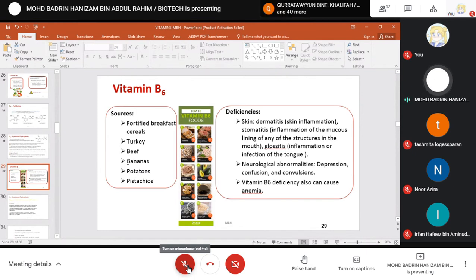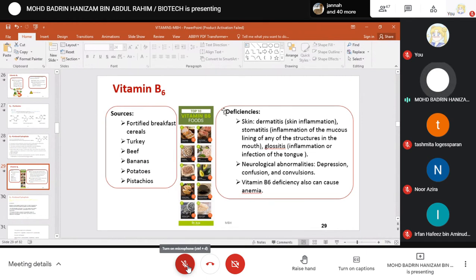Bananas are easy to get. Potatoes, pistachio are not that common in Malaysia. So no problem for us to have access to vitamin B6. We can have relief, because it's not that hard to get. We don't need to take supplements. We just eat our normal food, and that will be fine.